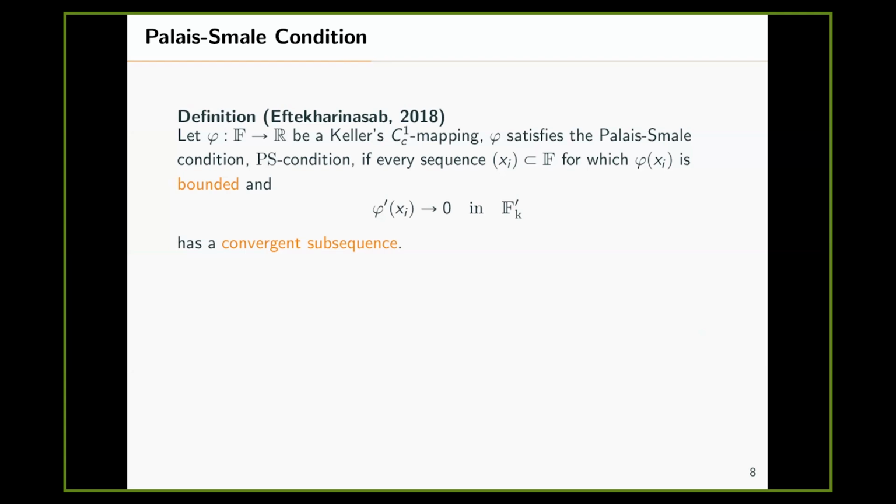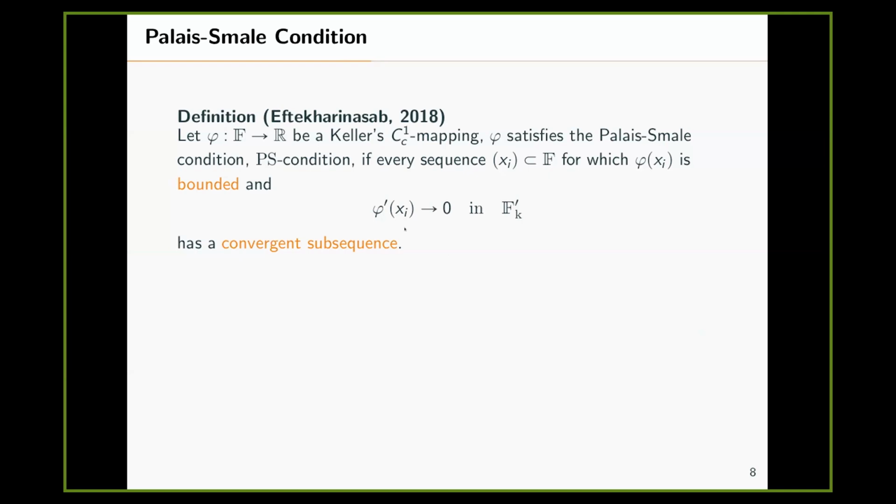The Palais-Smale condition was introduced by Palais and Smale in the mid-60s, when they started to study critical points in infinite-dimensional spaces. Essentially, it provides that certain sequences have a convergent subsequence that approaches a critical point.